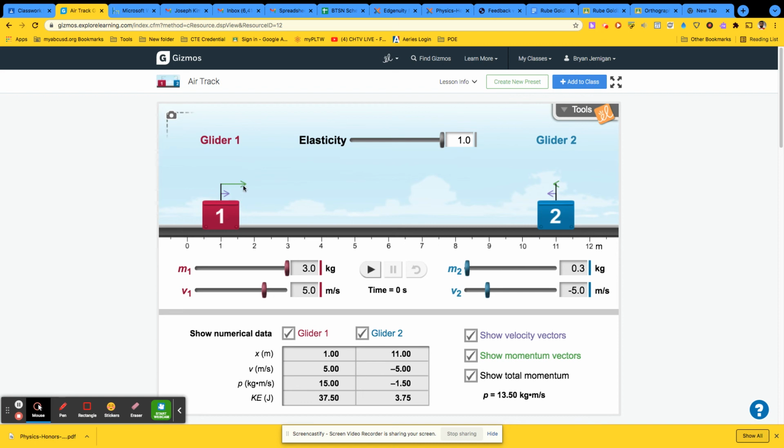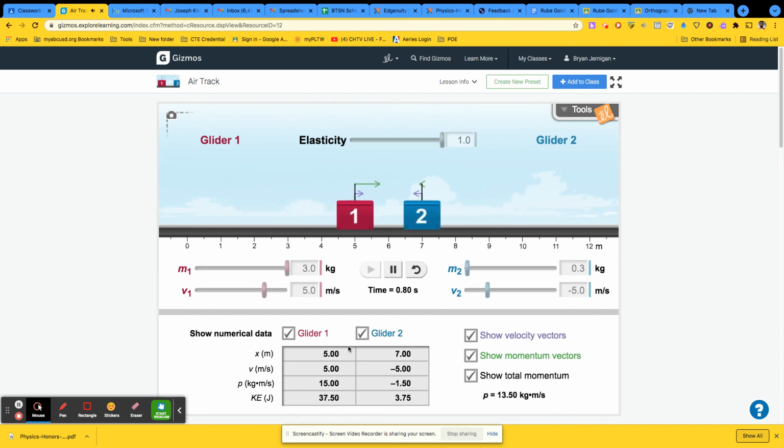Because there's greater mass, in the direction that this mass is moving, which is the positive direction, it's going to slow down by a value equal to the momentum of this other object. So let's go ahead and have them collide. Notice that the total momentum remains constant.